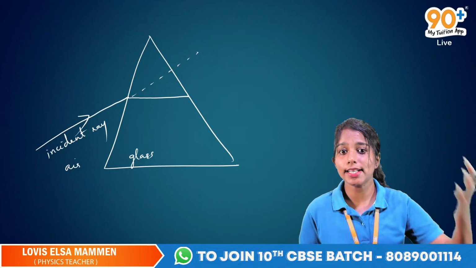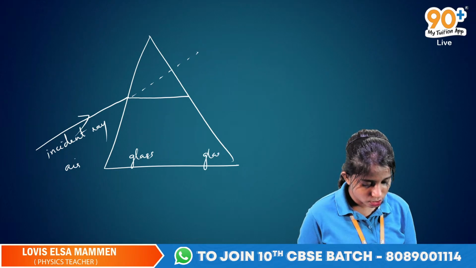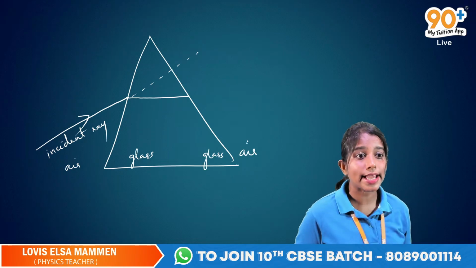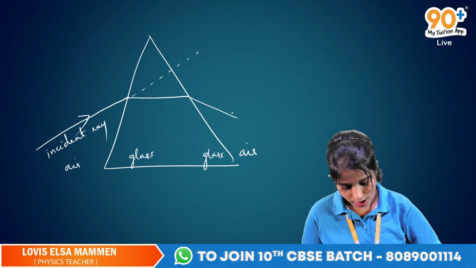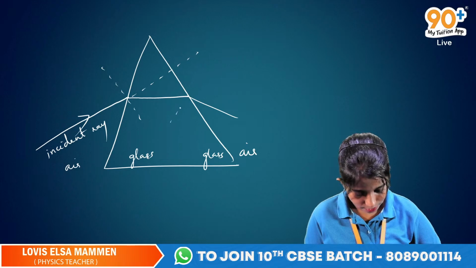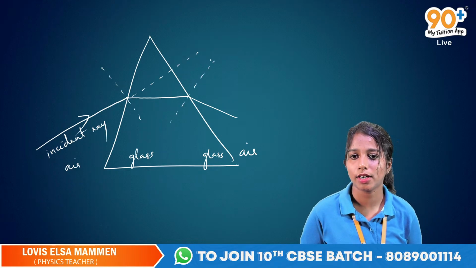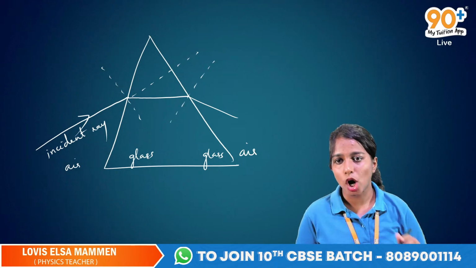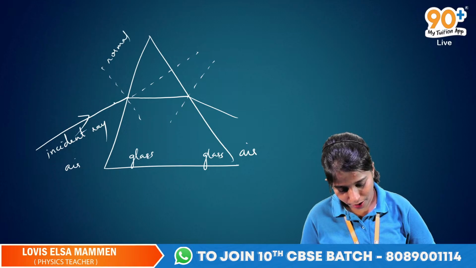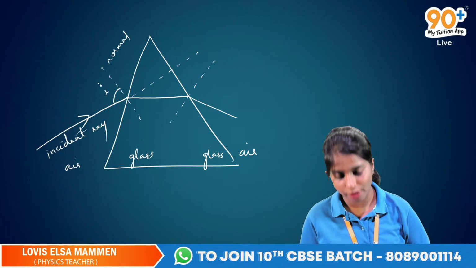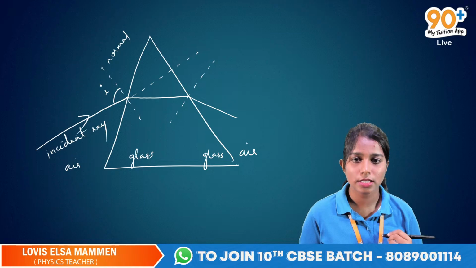And again there is change in medium. From glass it is going out to air, so again there is change in medium, so it is going in this way. You have studied normal in the last chapter. So that is the normal. And the angle between the normal and the incident ray, we have angle of incidence.